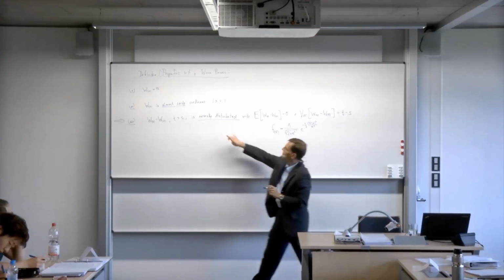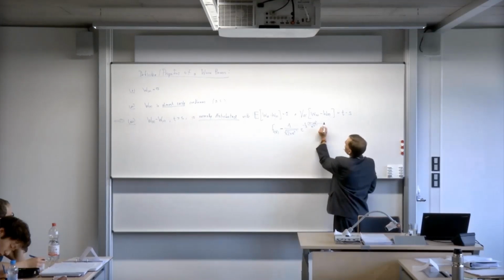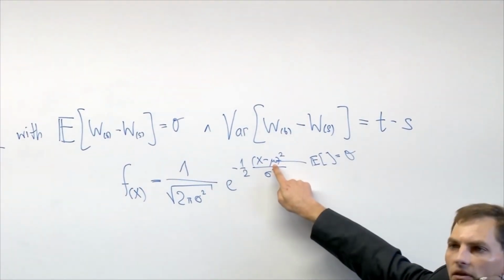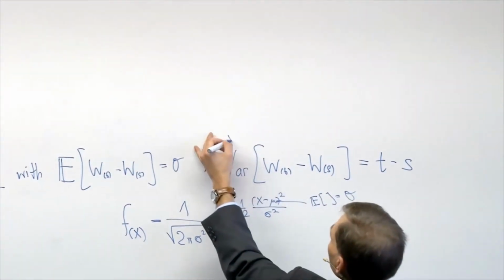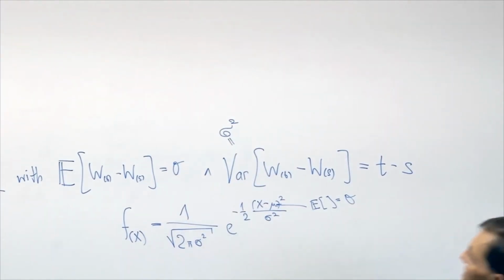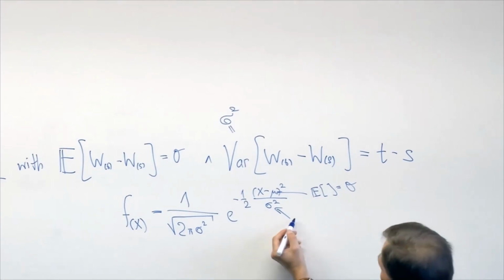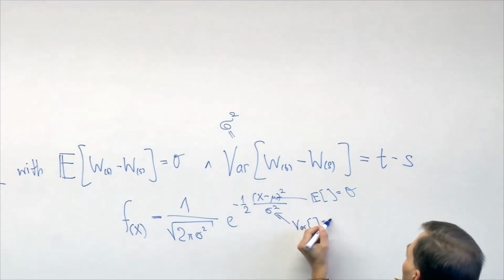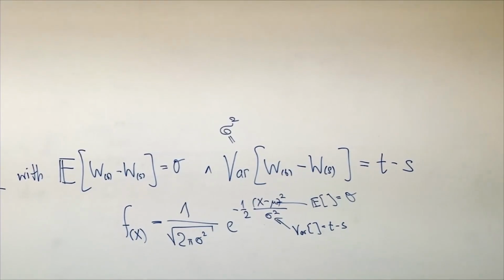In this case, it looks a little bit different. What is different? Well, you know the mu is the expectation. And in this case, we assume the expectation is 0. So the mu is 0. The sigma squared, for the variance, we also use this letter sigma squared, which is here, and it pops up here as well. Well, the sigma squared, as you can see, which is the variance, is the difference over time, t minus s.